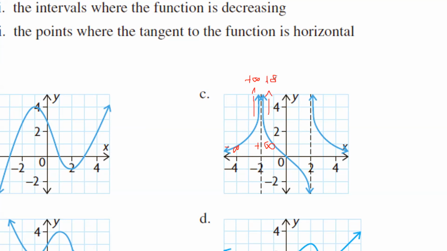Here is going to be negative infinity. Here's positive infinity and negative infinity. No, here it's not negative infinity in the last one. Here it's positive infinity. It's going to be a horizontal asymptote as they draw it.